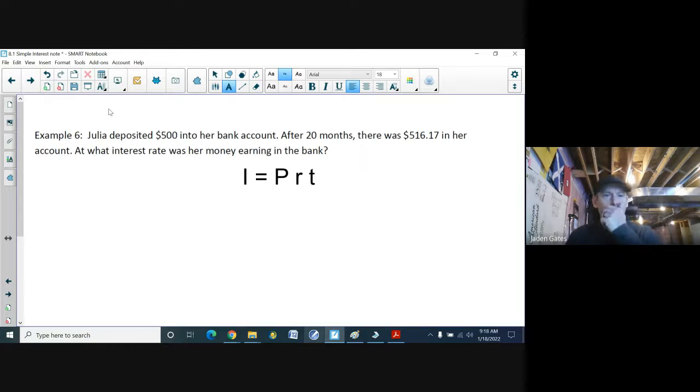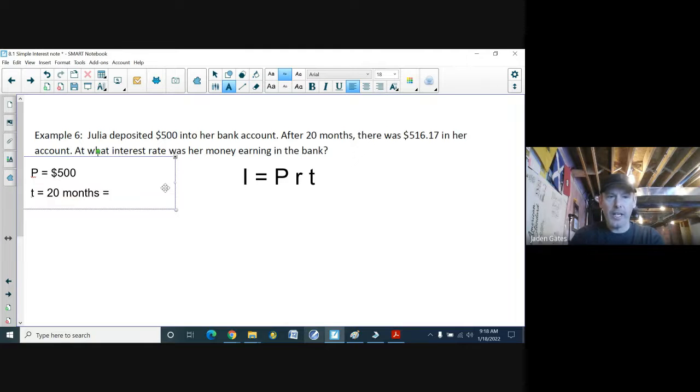Okay. So start off, first sentence, Julia deposited $500 into her account. Well, she's investing, so that is our principal, $500. Now, after 20 months, there was $516.17 in her account. So first of all, I got my time here. It's 20 months.